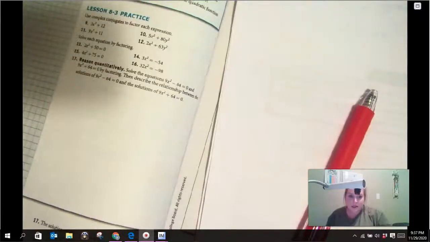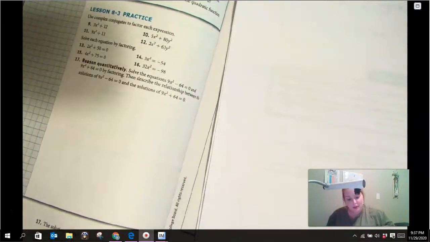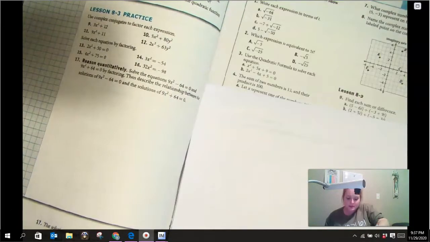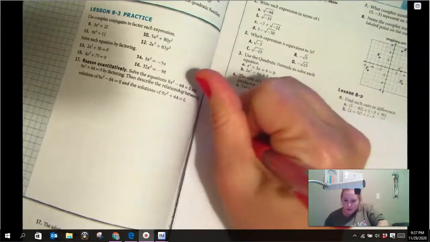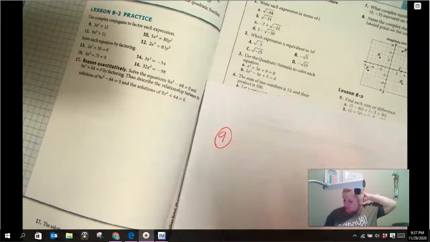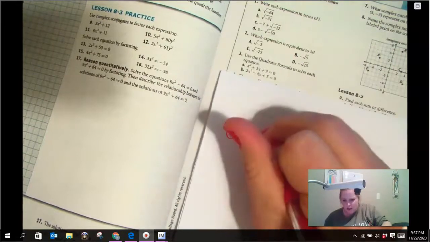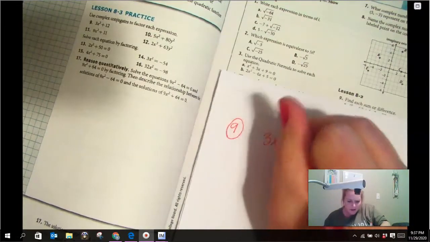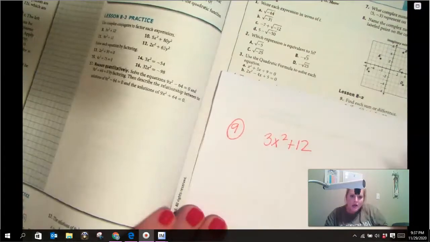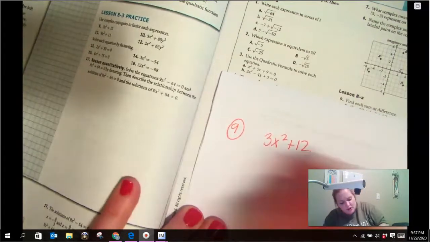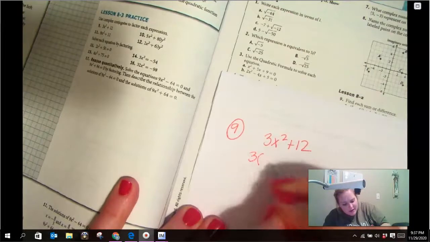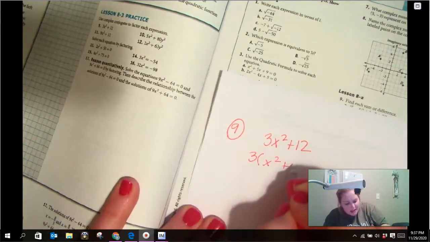Okay. So I threw away my paper, so I'm going to do this on scratch paper. This is my teacher book. So I believe I had you do number 9. Number 9 is 3x squared plus 12. The first thing that I told you to do is to factor out that 3, which leaves you with x squared plus 4.